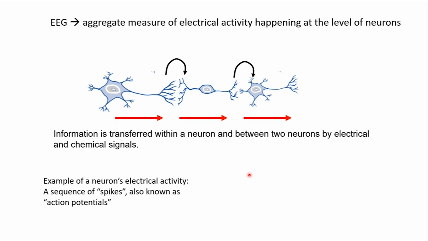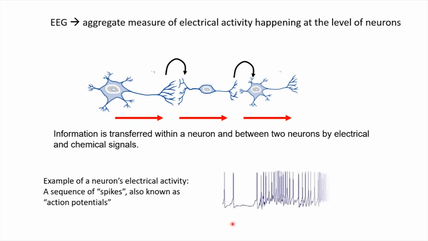Now I'm going to show you a trace showing the activity inside a single neuron, and here it is. So this is how the electrical signal inside a neuron might look over time. And as you can see, the signal shows very sharp spikes, which are also known as action potentials. What we are basically measuring here is the voltage inside a neuron.